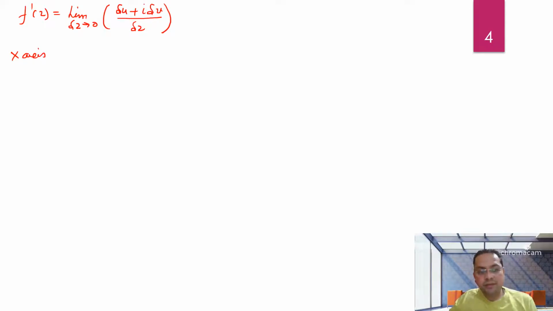for the x axis, y is equal to 0. If we consider only the x-axis, then y is equal to 0. That means z is equal to x plus iota y is converted into z is equal to x.